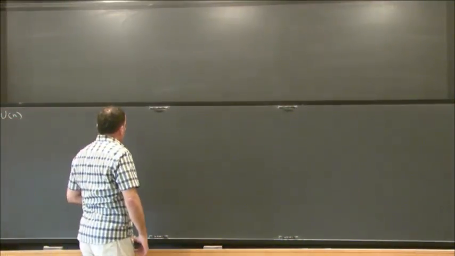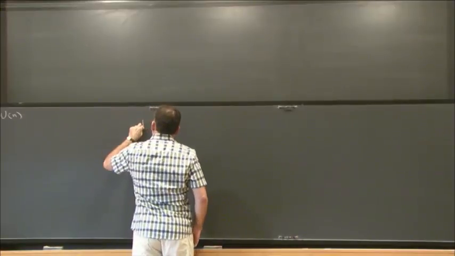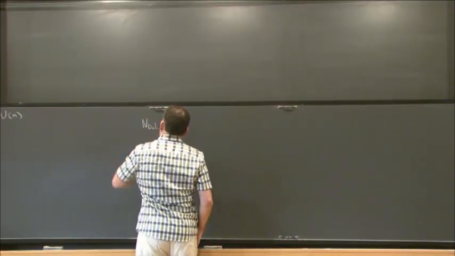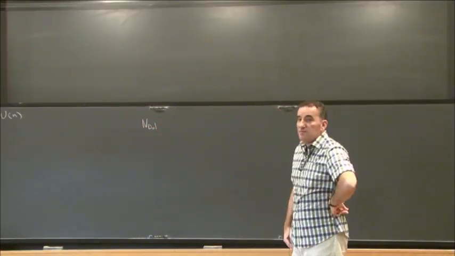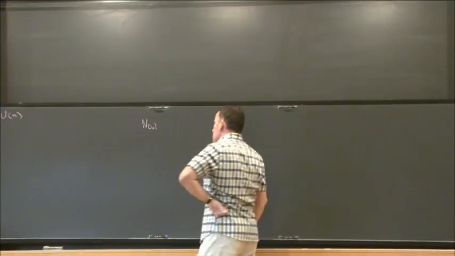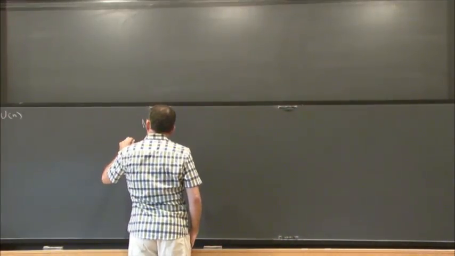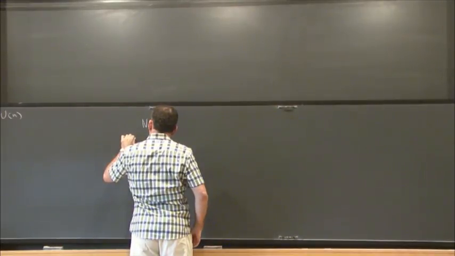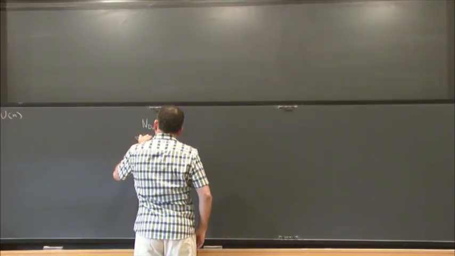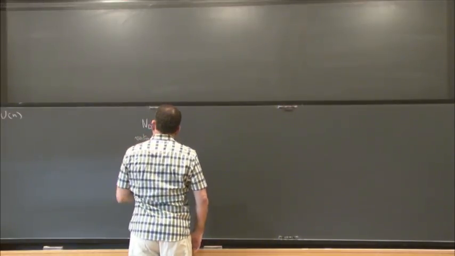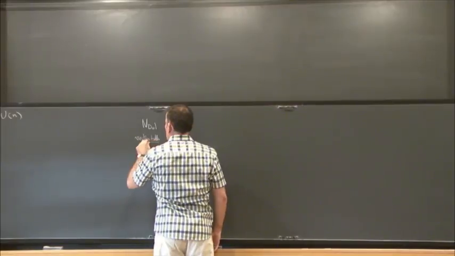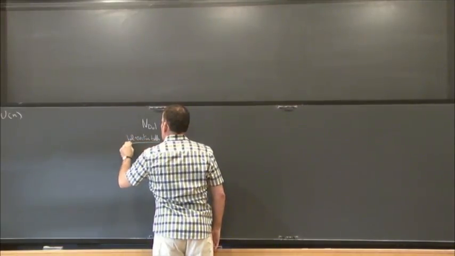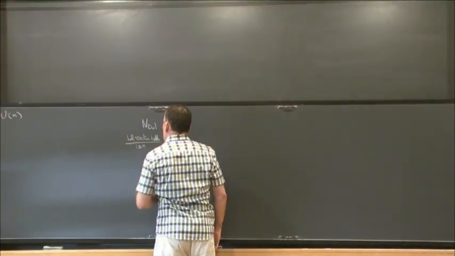So the first object was defined by Mumford, and it's the moduli space, the parameter space of holomorphic vector bundles, modulo isomorphisms.